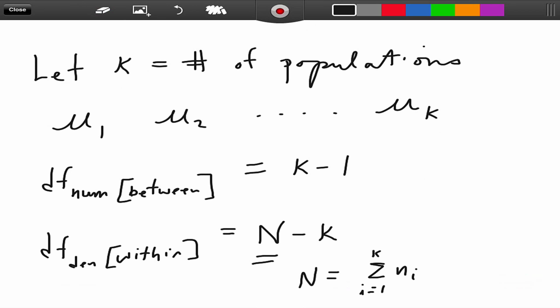Well, let's try to make this happen. To give you an illustration of what I mean about the between versus within variation.